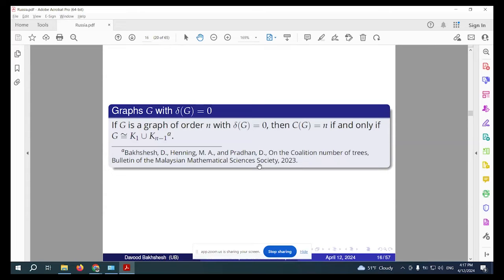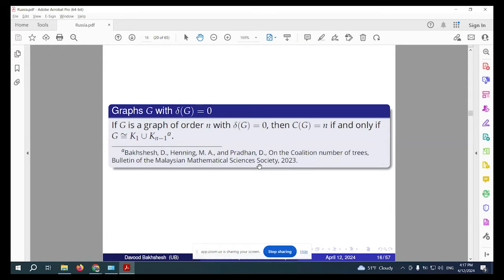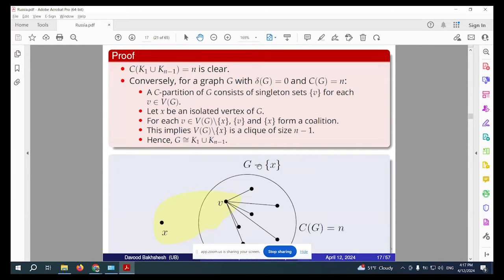Now we will present the proof of this result. We present the general concept of this proof. You can see here the proof. The first side of the proof is clear. The proof that C of the union of K1 and K(n minus 1) is equal to n is clear.